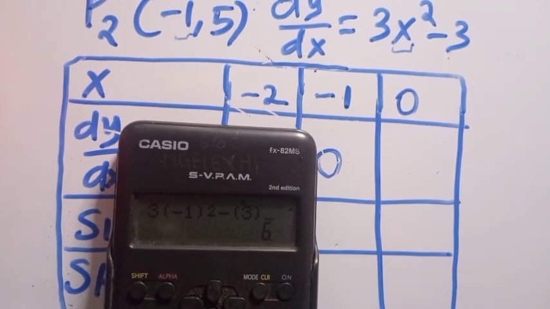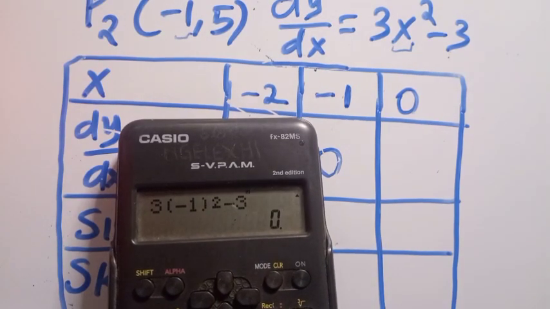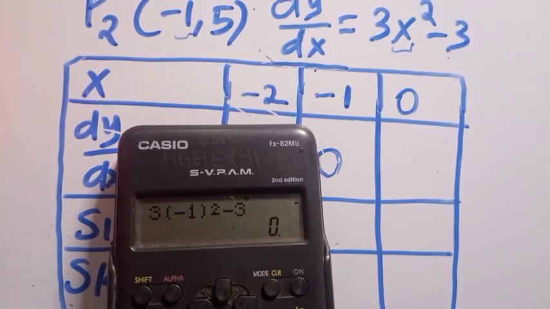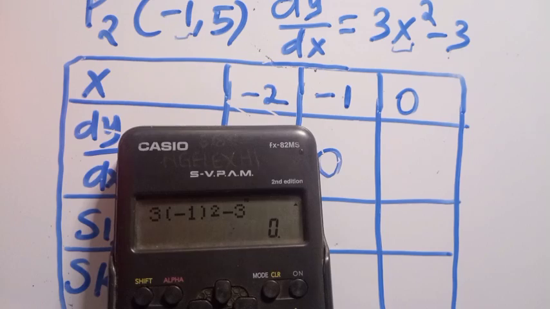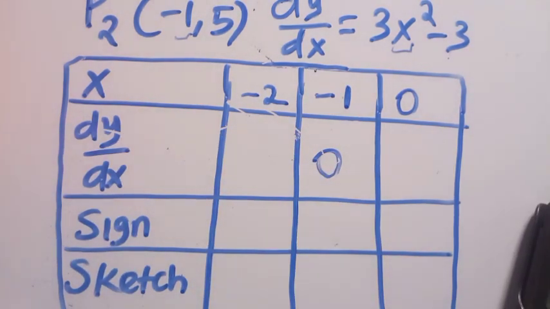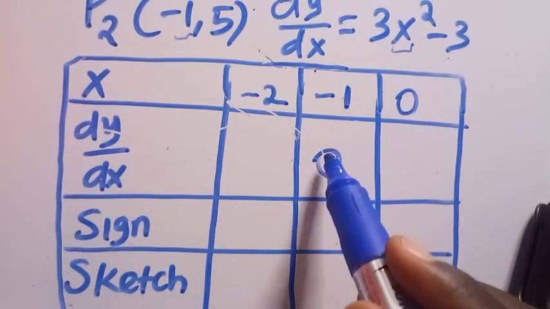We can remove this from the bracket so that we just have it like this. This one is 0. 3 into negative 1, then we square it, then minus 3 is 0. Therefore, our dy over dx when x is -1 is 0.